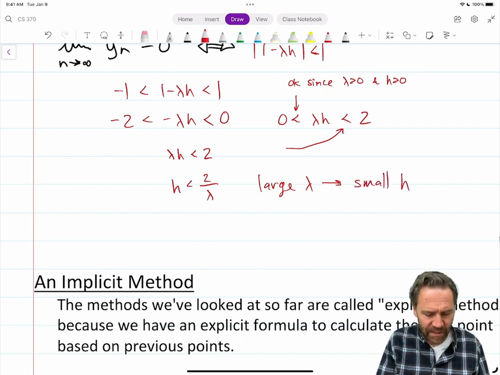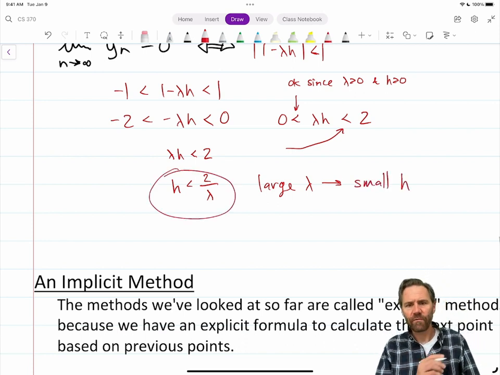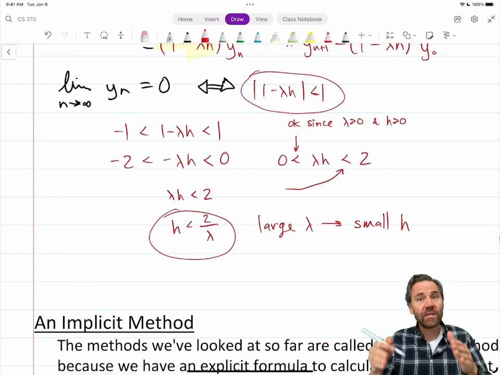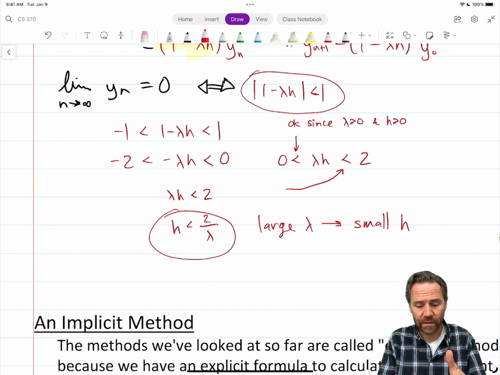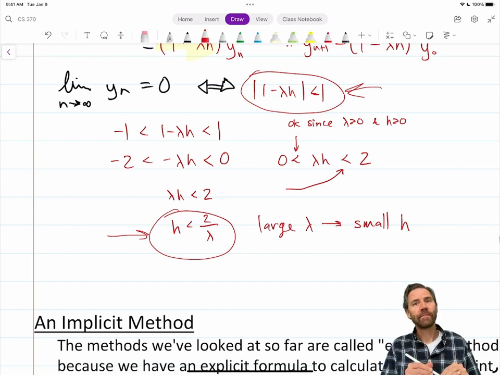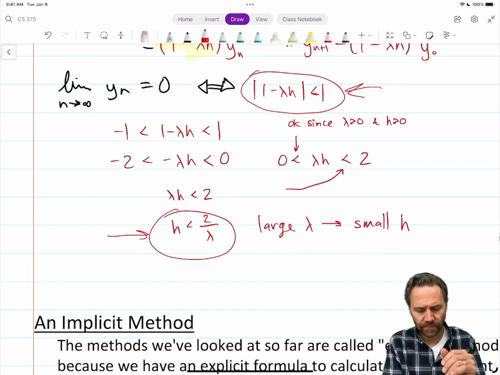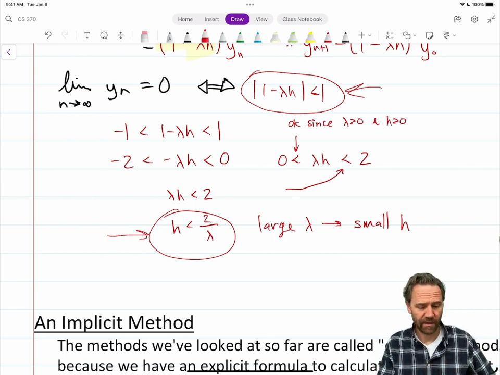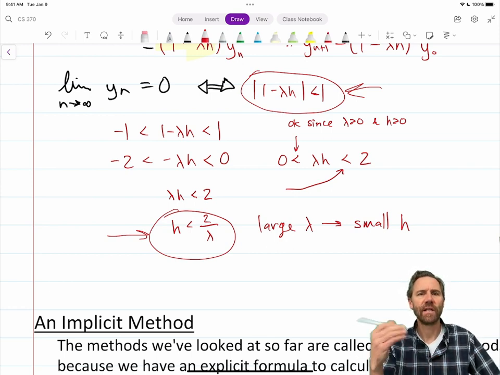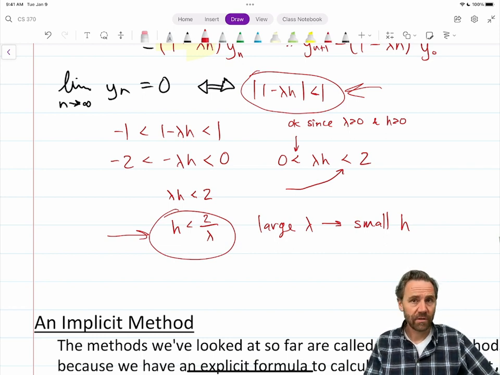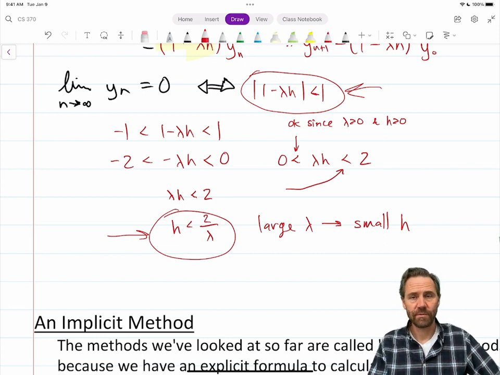This inequality has to hold in order for this inequality to hold, which is what we need to be true in order for it to converge. If that inequality doesn't hold, then this inequality doesn't hold, and vice versa. Anyway, so in order to guarantee the convergence of Euler's method, we need to make sure h is less than 2 over lambda. So a large lambda means we have to take smaller time steps.